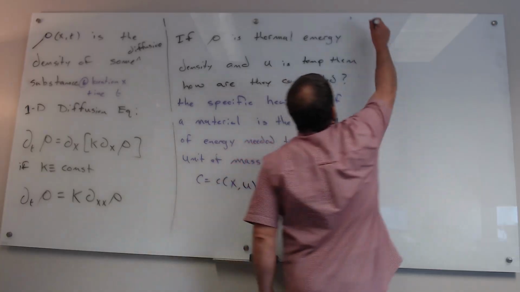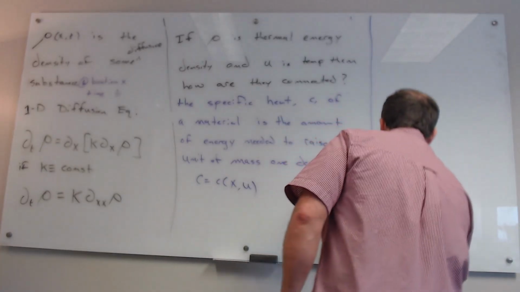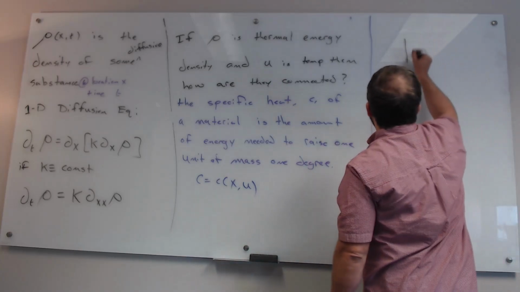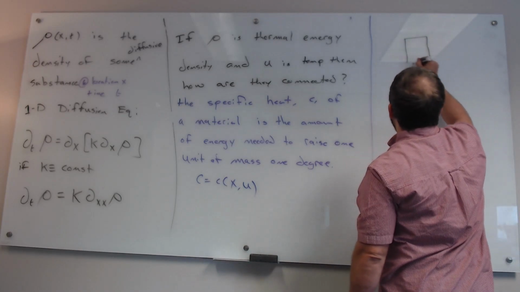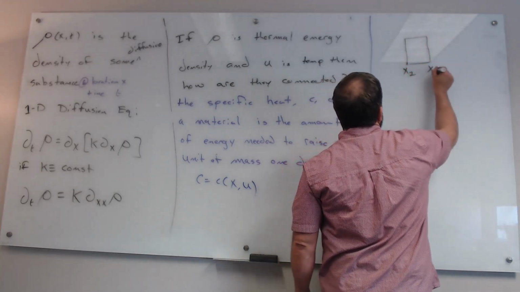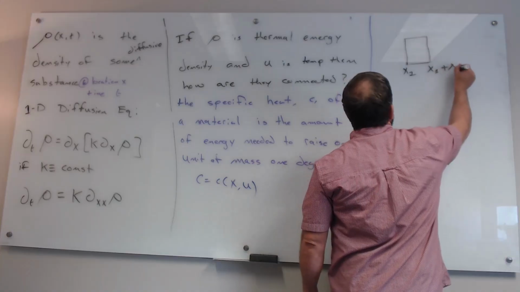Okay. So how can we use this to relate the thermal energy density to the temperature? Well, let's imagine we're looking at a very small section of the rod, from point x1 to point x1 plus delta x.